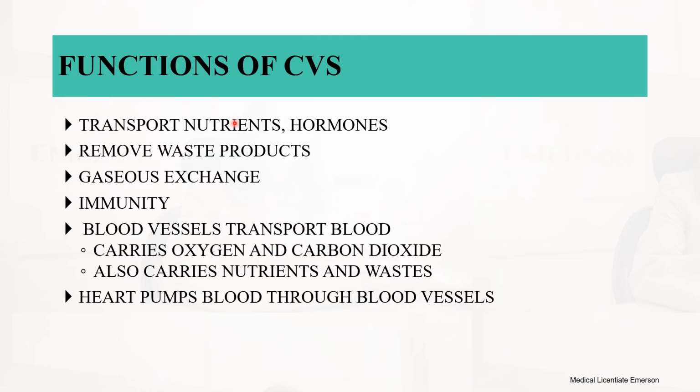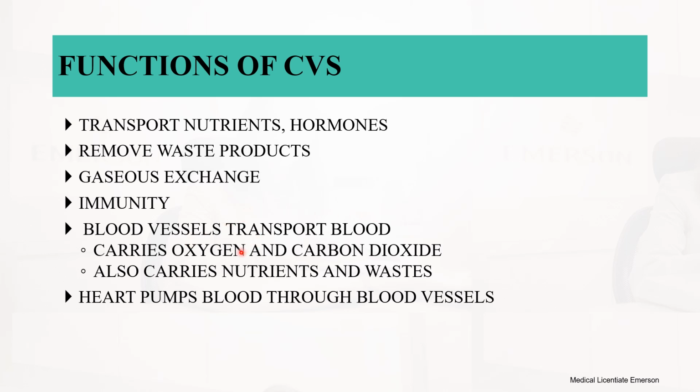So, in terms of functions of the cardiovascular system, number one will be to transport nutrients, hormones. Then, of course, to remove waste products as well, for gaseous exchange, immunity. Blood vessels transport blood.